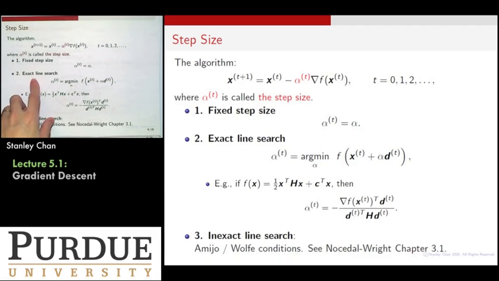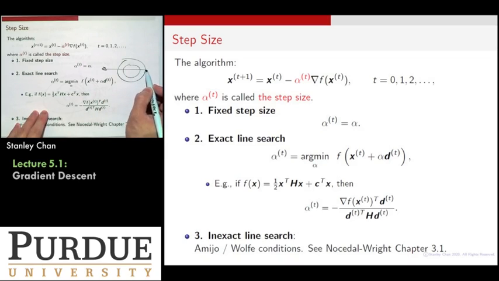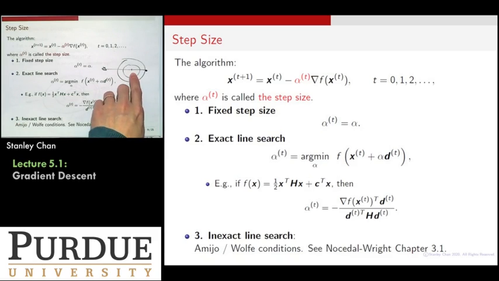A more principled approach is called the exact line search method. What it means is that, let's say you are at this point, and you find a search direction. Then along this trajectory, you pick a step size such that your objective value is as low as possible.